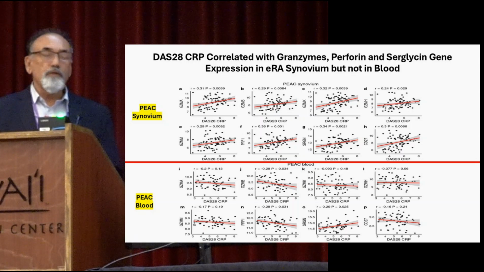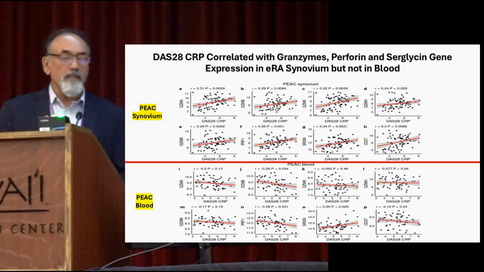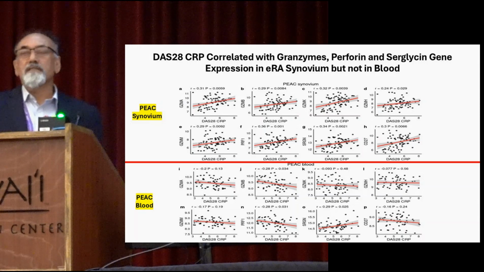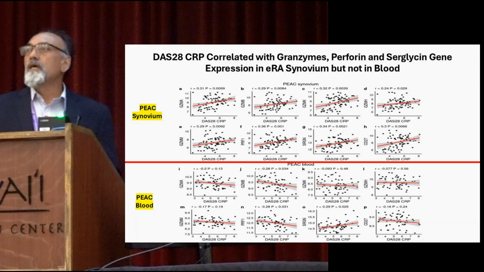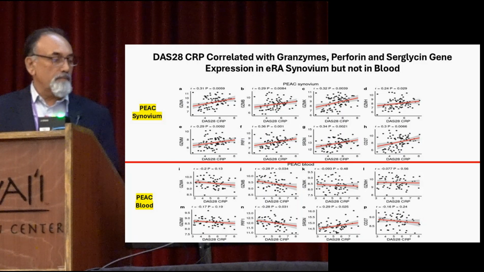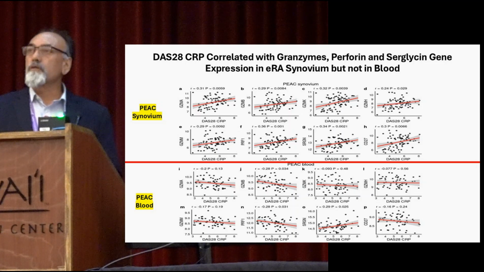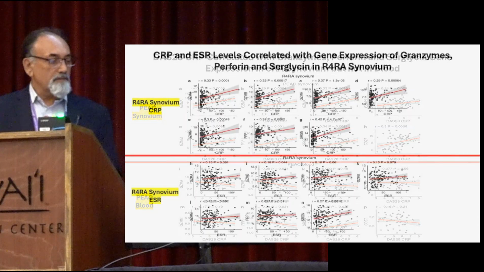On the other hand, we do not see this type of correlation in the blood, although there were some correlations, but they were spotty and fragmented, and they were not even significant. So these data clearly show that there is an upregulation of granzyme-perforin-related pathway genes from early RA to late RA, and also there is a correlation during inflammation, particularly as these pathway genes increase.